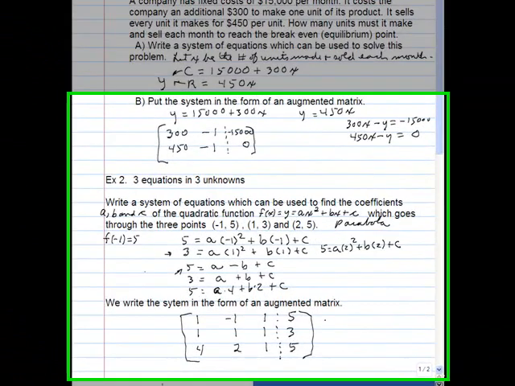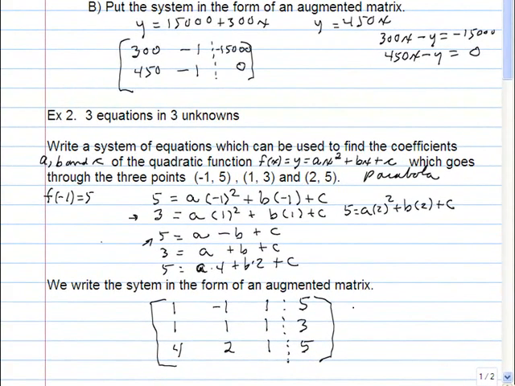What you get if you work all this out is that you will get a final answer: A equals 1, B equals negative 1, and C equals 3. And so what that would mean, you have now found the coefficients.